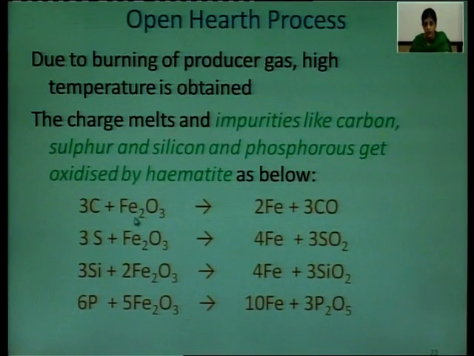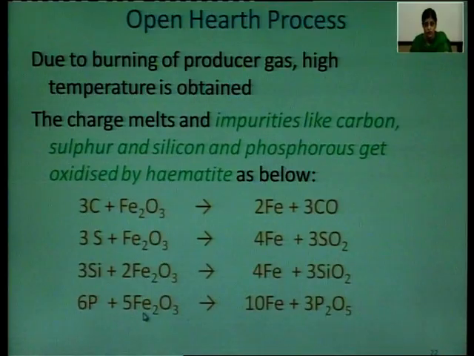Carbon will react with Fe2O3 to form iron and carbon monoxide. Sulfur will react with Fe2O3 to form iron and sulfur dioxide. Then silicon will form iron and silicon oxide, SiO2.